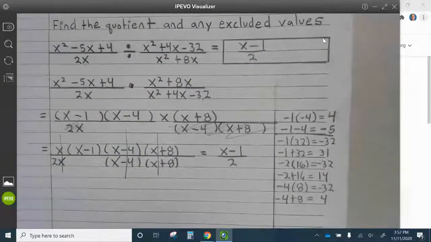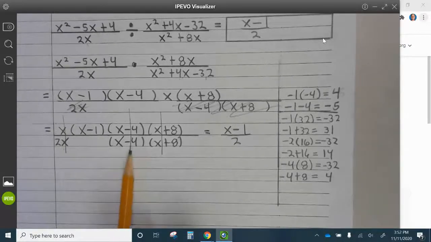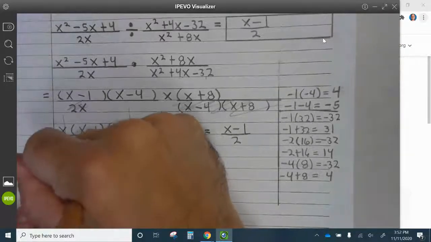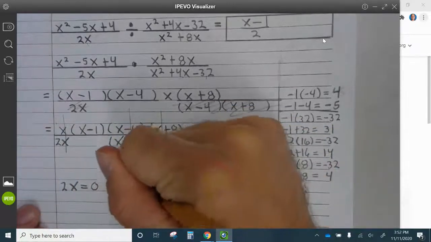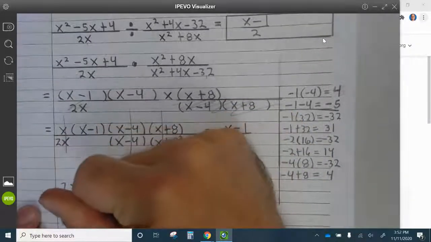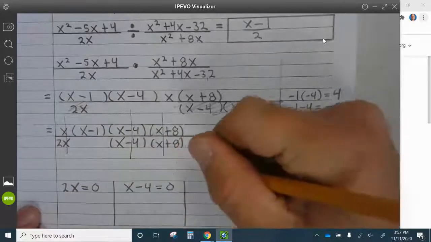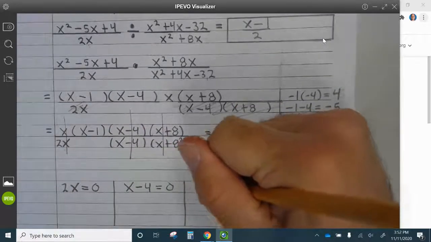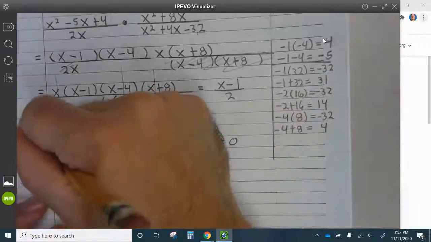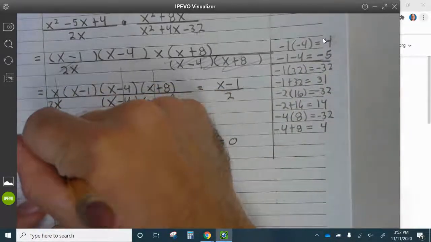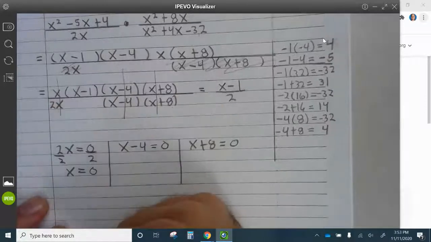Okay? So now we need to set all of these equal to 0. So 2x equal to 0. X minus 4 equal to 0. And then x plus 8 equal to 0. So divide both sides by 2. X equals 0.